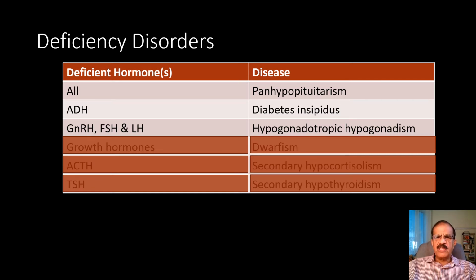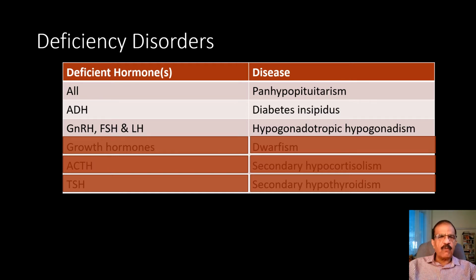So if somebody's testes are destroyed or somebody's ovaries are destroyed, that patient will also develop hypogonadism. But in that case, because the inhibitory effect of testosterone and estrogen on gonadotropin will be lost, gonadotropin will actually be high. So that condition will be called hypergonadotropic hypogonadism.